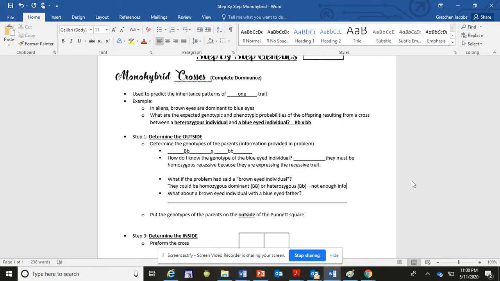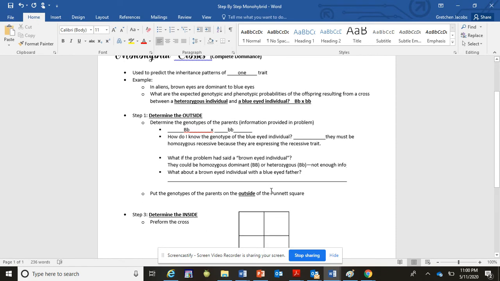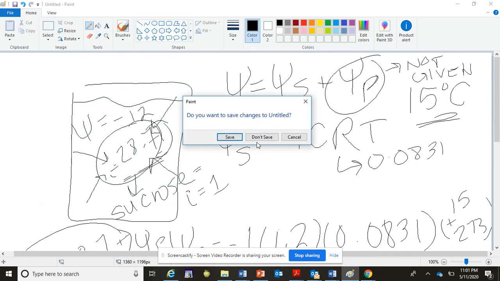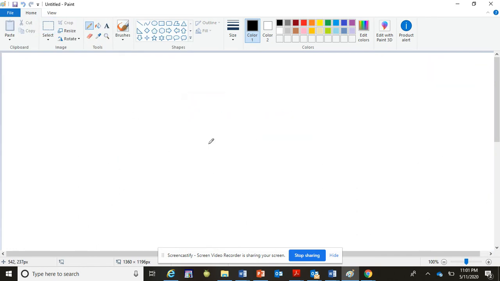What about a brown-eyed individual with a blue-eyed father? So let's think about that. It said a brown-eyed individual with a blue-eyed father. So if the individual is brown-eyed, they can be this, or they can be this.